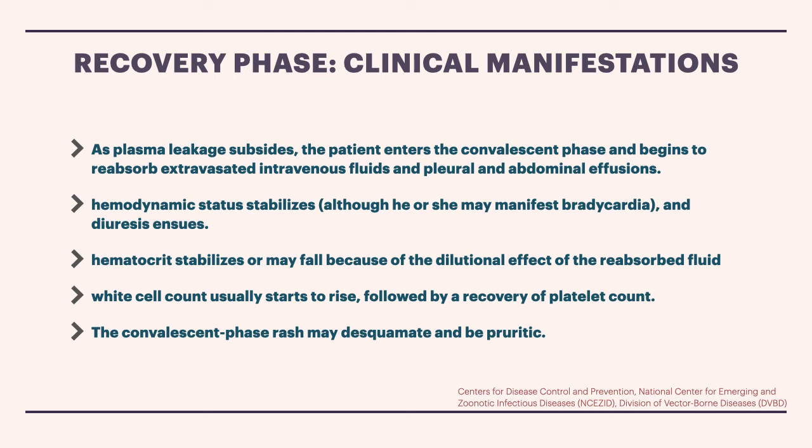The hemodynamic status stabilizes and diuresis ensues. Hematocrit stabilizes or may fall because of the dilutional effect of the reabsorbed fluid. The white cell count usually starts to rise, followed by a recovery of platelet count, and the convalescent phase rash may desquamate and be pruritic.